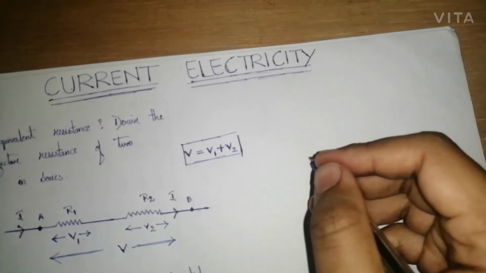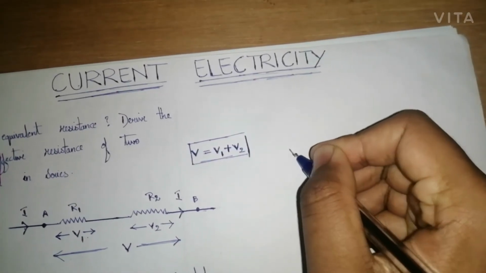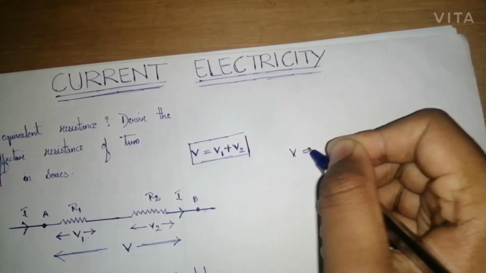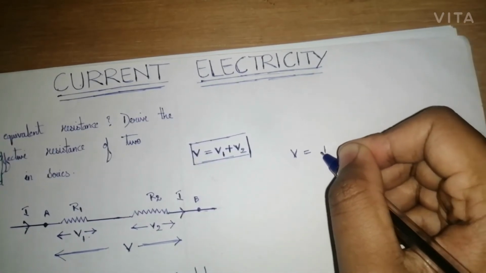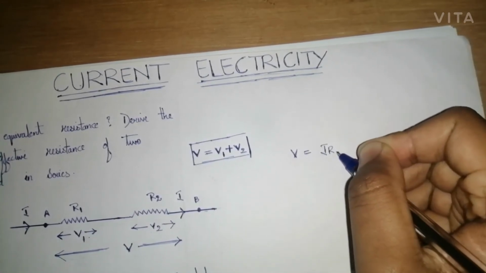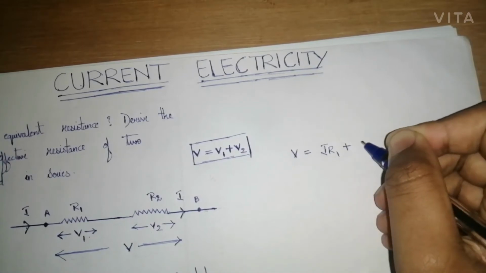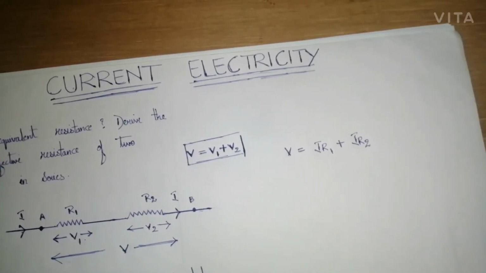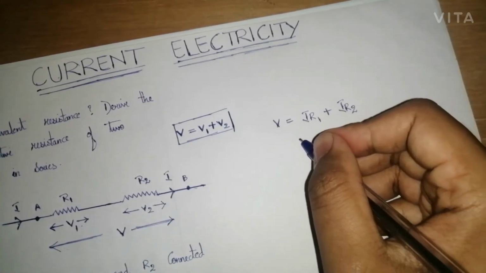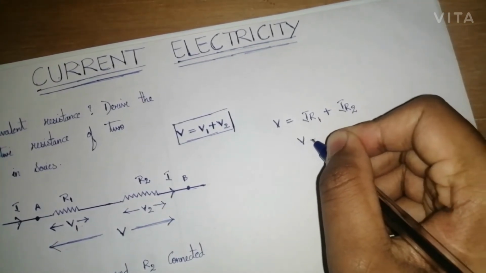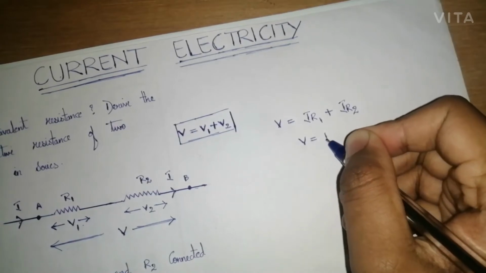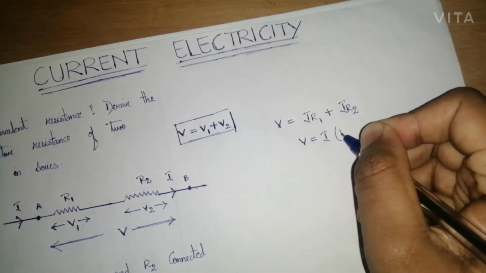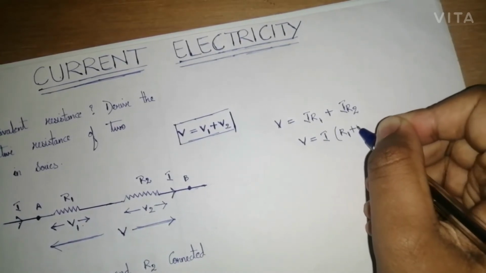Here potential V is equal to I into R1 plus I into R2. Therefore V is equal to, taking I as common, I into R1 plus R2.